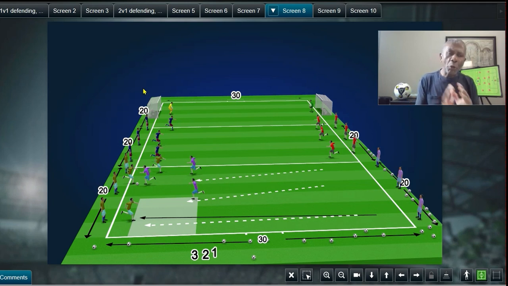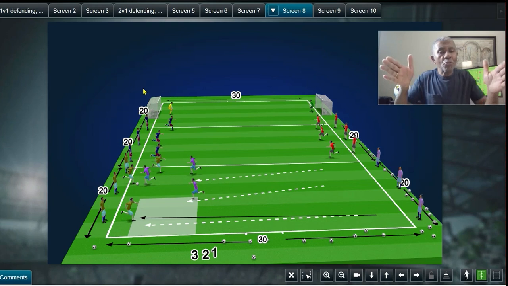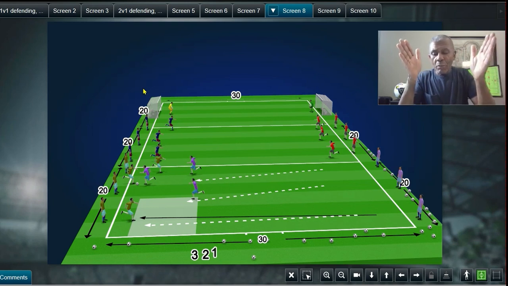Same way, we're gonna follow the principles, then we're gonna go to technical functional training, which means you're going to train according to the thirds of the field. For example, if you want to improve midfield players, we gotta do it in the middle third. So we know what we're doing here.